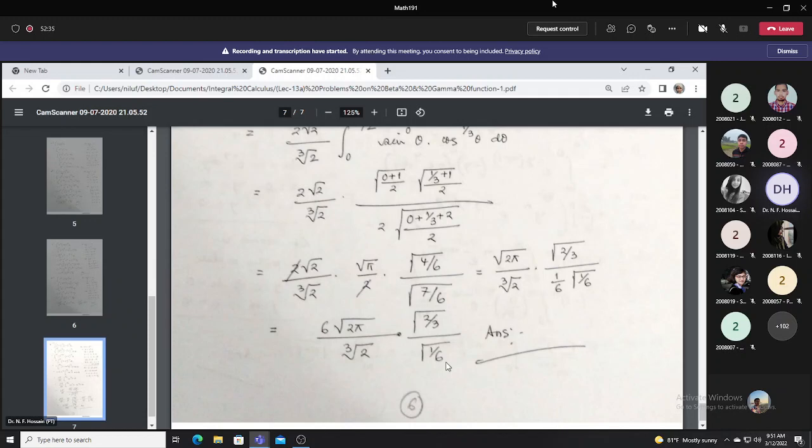There is a list for the results of gamma function and beta function in every book of mathematical methods, in the appendix. But for you, you can write your answer like this, no problem. You don't need to find the values of these gamma functions.